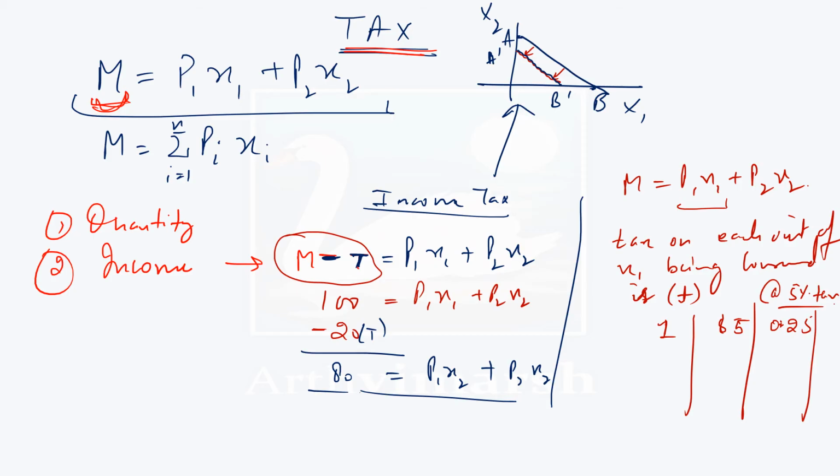And the final price for consuming 1 unit of x1 will be 5.25, right? Likewise, if I'm consuming 2 units, it's going to be $10, plus 2 times the tax amount, which is equal to what? 0.50, right? So finally I have to pay 10.5, right?